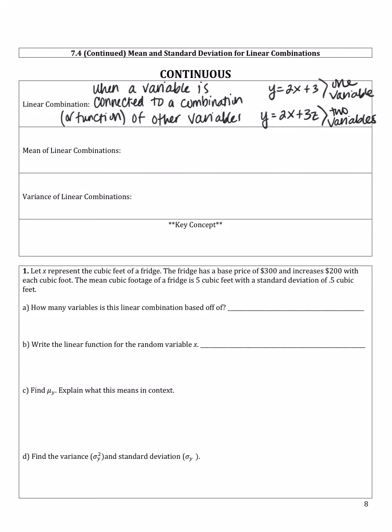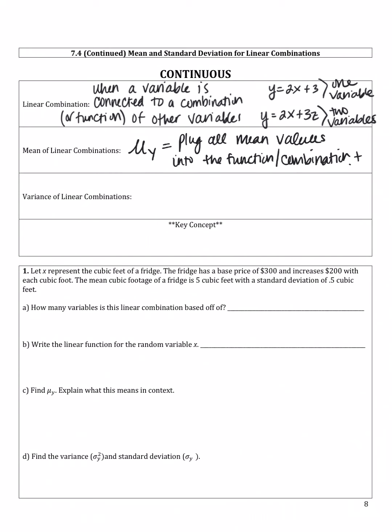How you find the mean of a linear combination, which is based off of a continuous distribution, we're going to call it mu sub y. And there's really no formula. Based off of your linear combination, you plug all mean values into the function or combination, and you calculate.